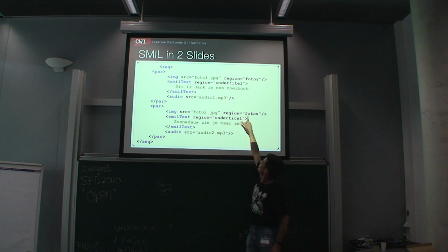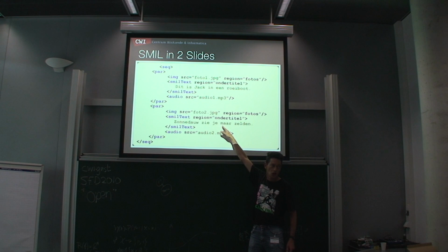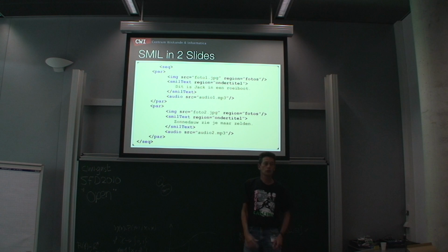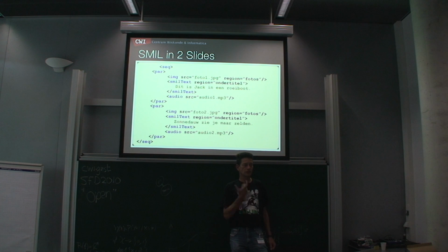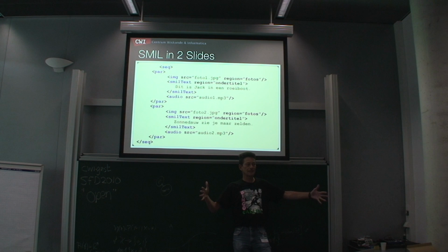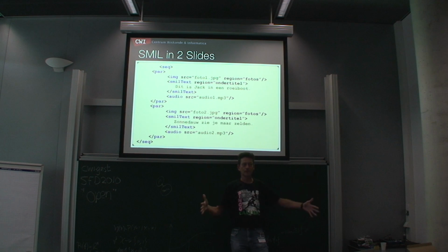So it knows, well, the image by default takes as long as the longest thing here, which is probably going to be the audio, because images and text don't take any time. Now the nice thing is, if I replace this audio by a different audio sequence, now the image and the text extend in time so that they stay on screen for the same amount of time as the audio takes.